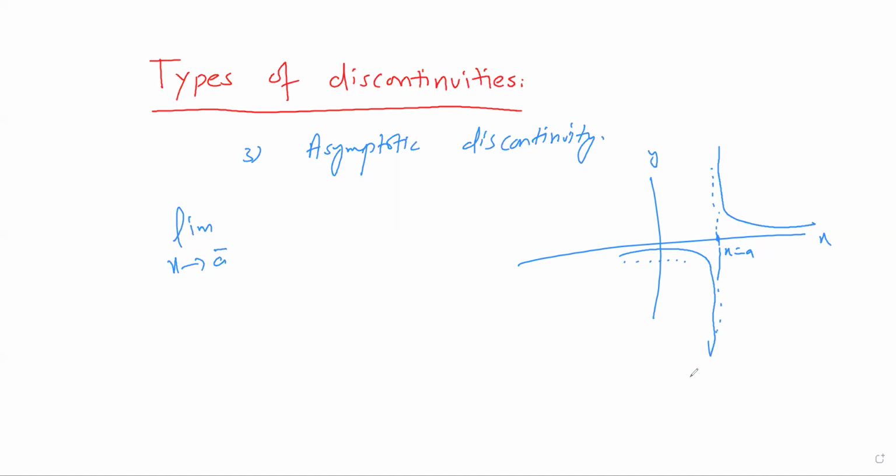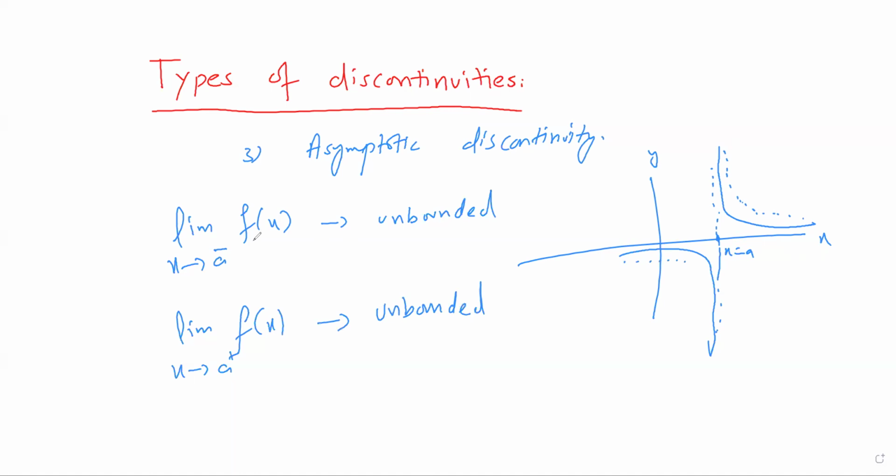But we don't write negative infinity; we say that the function is unbounded. Also, for the limit as x goes to a from the positive side, f of x goes to positive infinity. Tracing the function from the right-hand side, it is also unbounded.